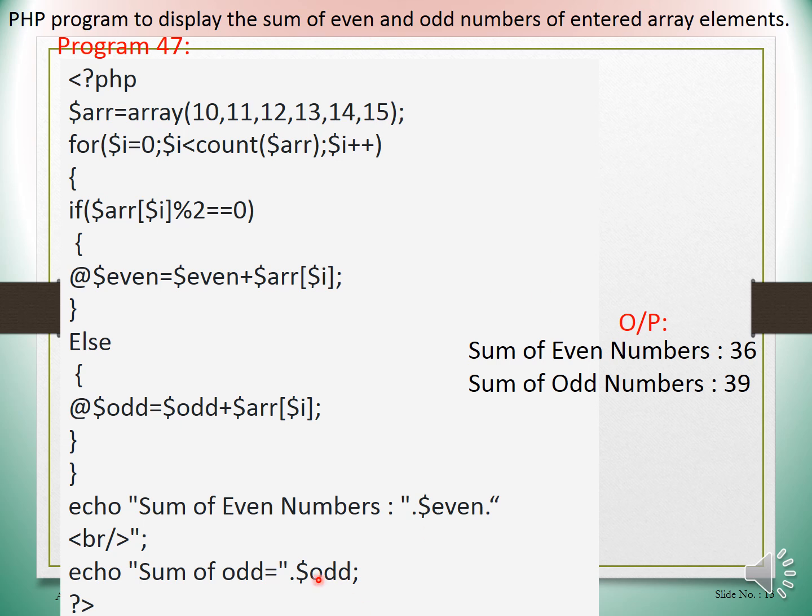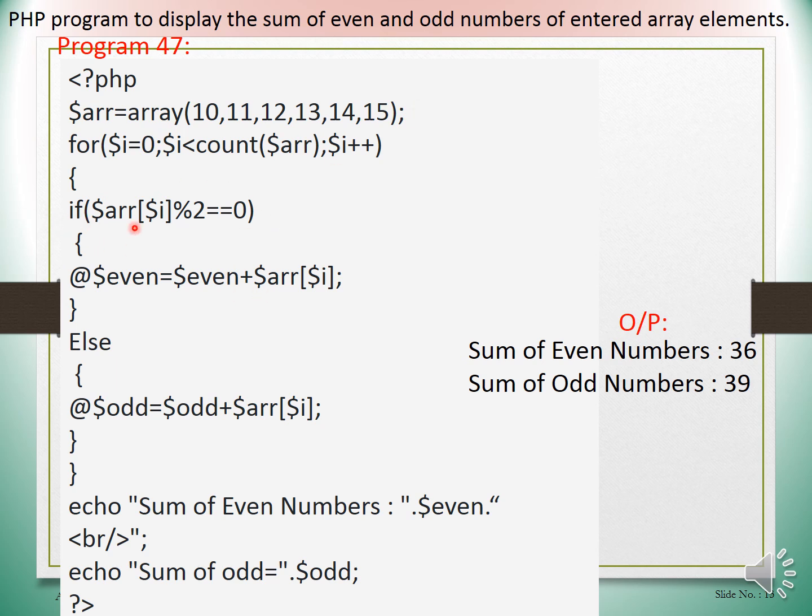That means we have to add even numbers separately and odd numbers separately. Therefore, we have to first of all find out the even numbers, and we know the logic to find out the even number. We have to use the mod operator, mod 2 equal to 0. If provided variable mod 2 equal to 0, then that number is even number.